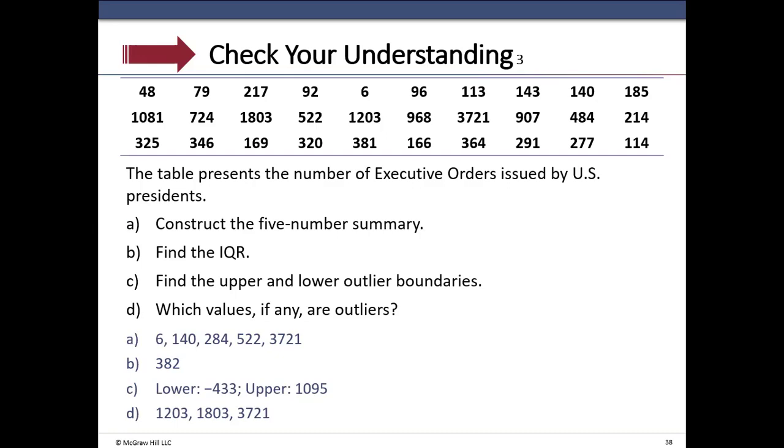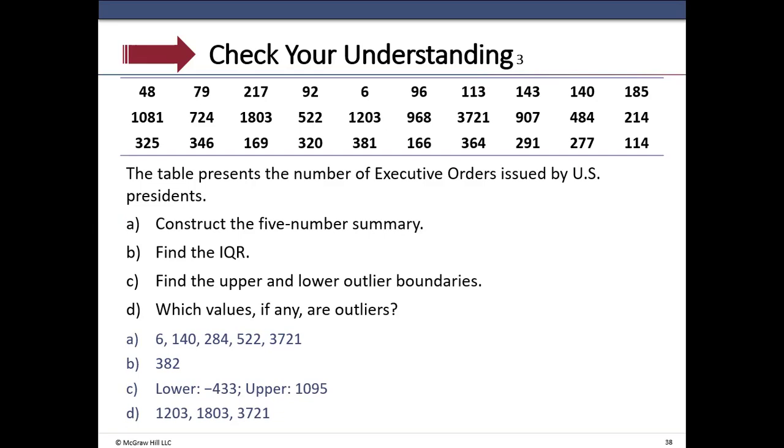Okay, I got Q1 of 128.5. Maybe I entered a number wrong. My median is 291, their median is 284. My Q3 is 623, their Q3 is 522, and the maximum is 3721.